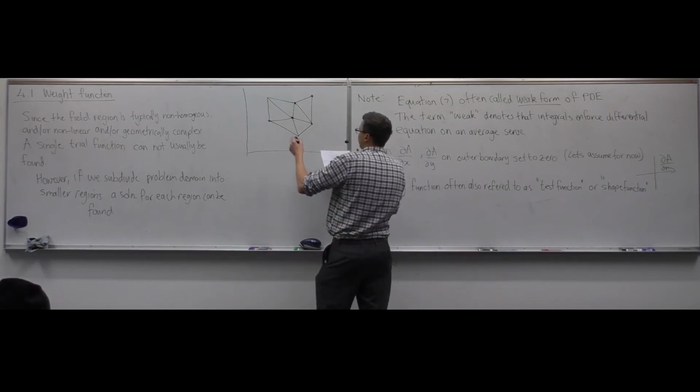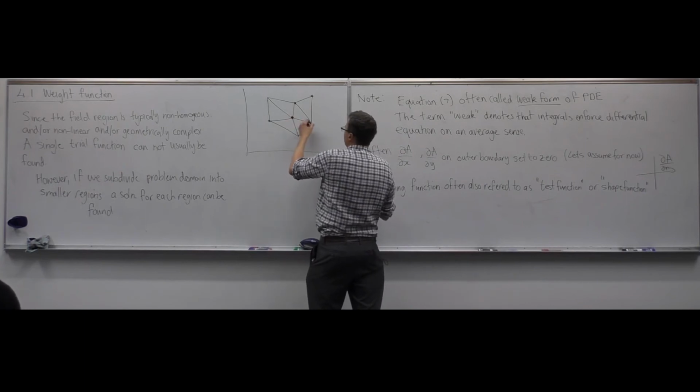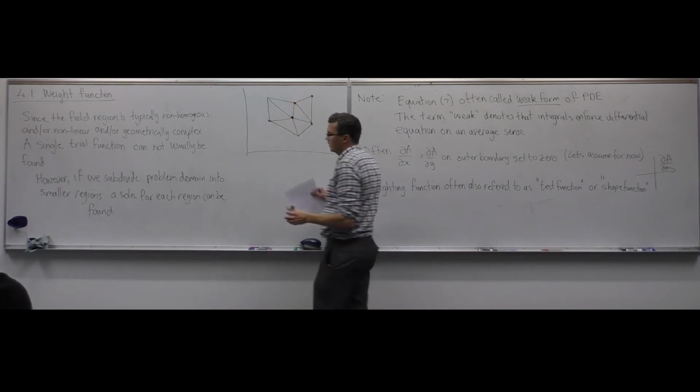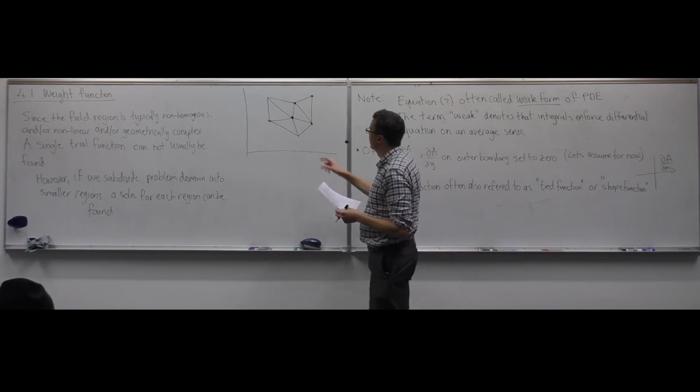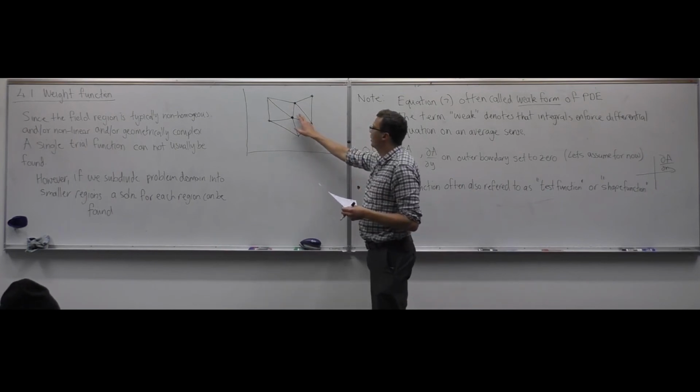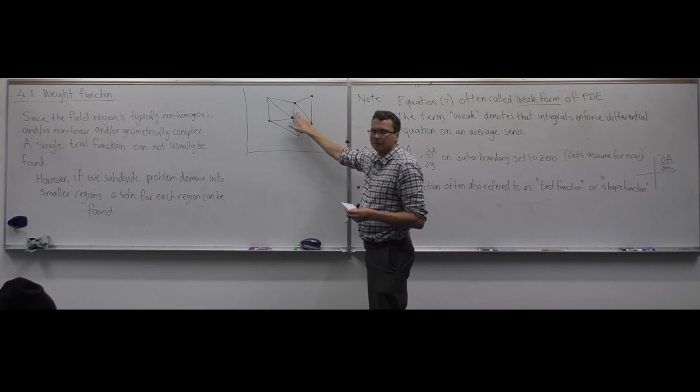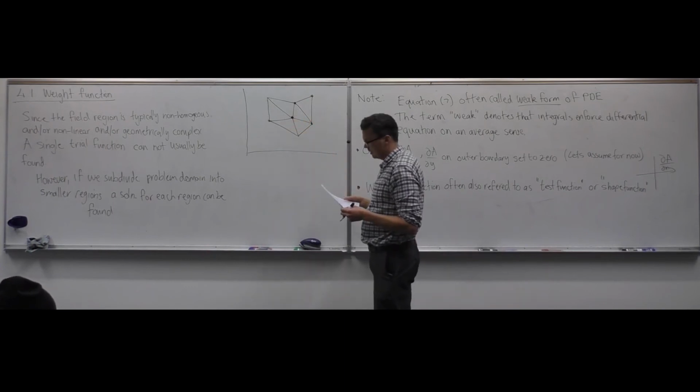So in order to do it, really, the only thing we have to figure out is how to represent the solution for one triangle, and then we can extend that.